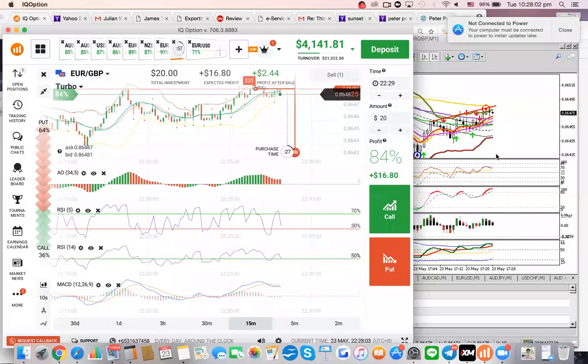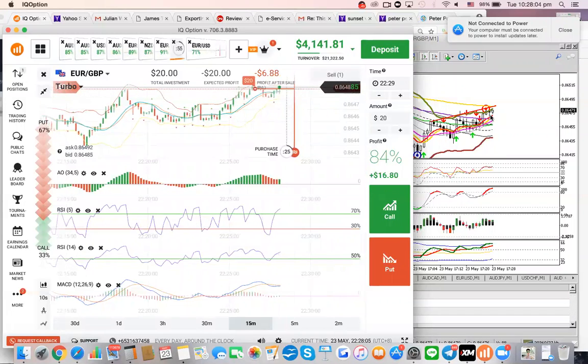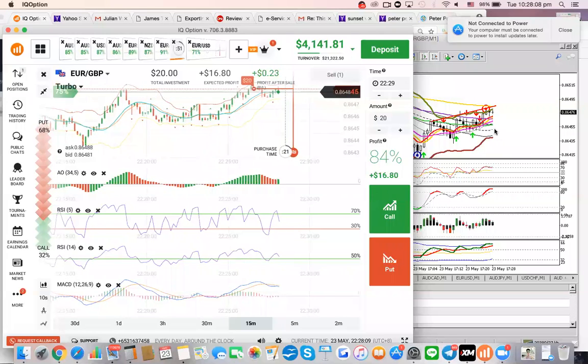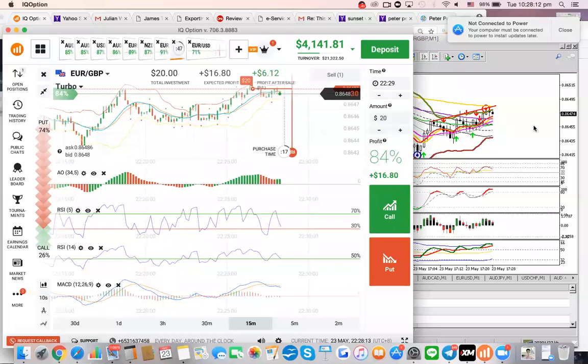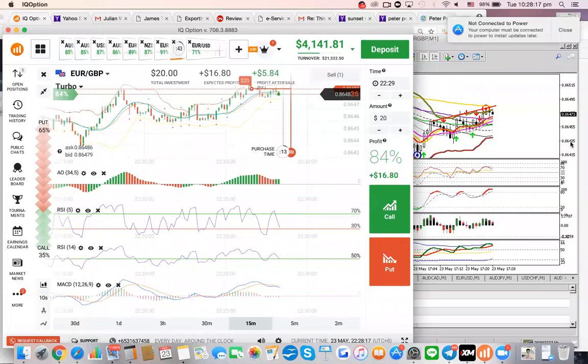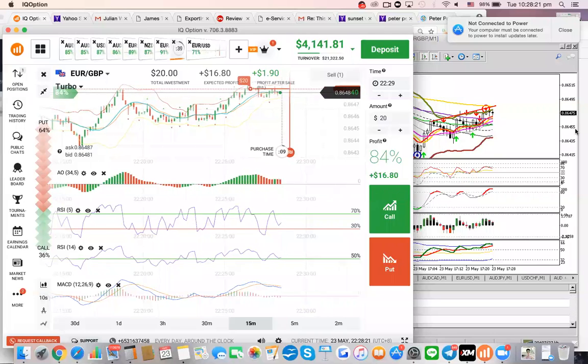It's a bit stubborn. I don't like all the pin formations here. I think we can make it though. The gaps in between bars about 2 pips. It's not a lot, but it's not that little, so it's decent, tradable.